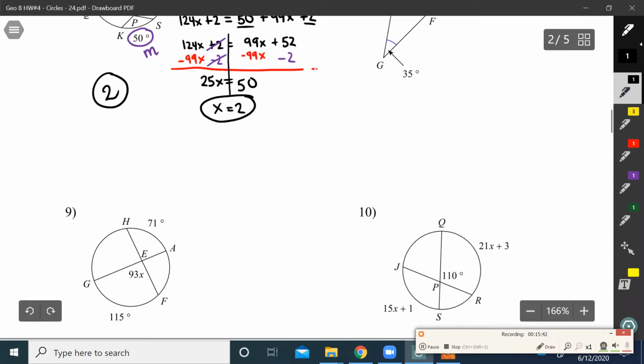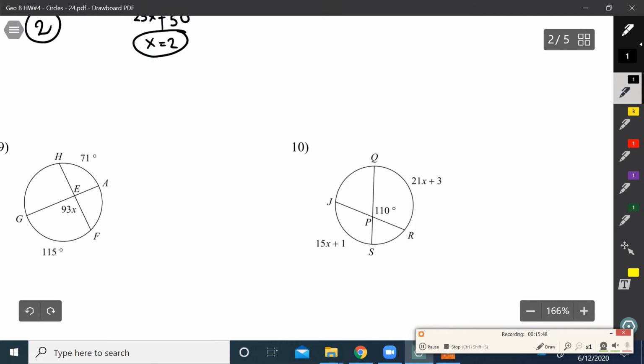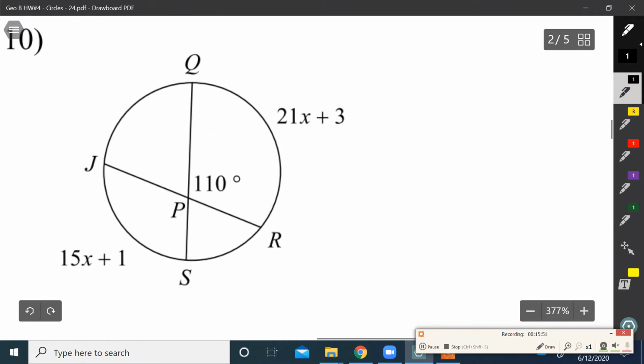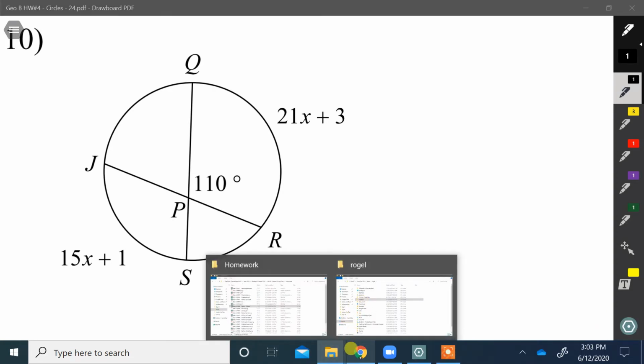I'm supposed to do number 9, but because 10 is a little bit more difficult, I'm actually going to do number 10, so that you can see what I'm doing, because this could be challenging sometimes. Let's go ahead and do number 10 here.